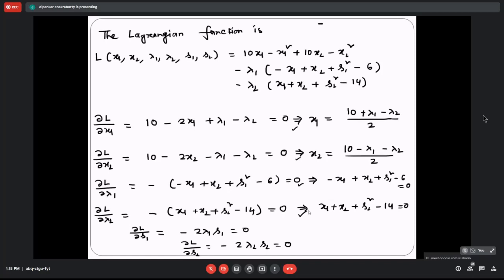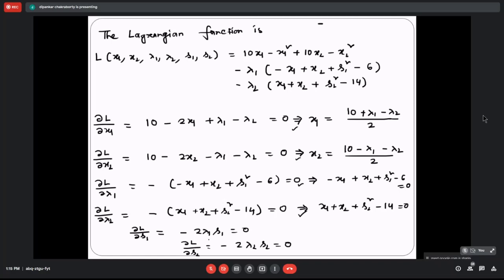And to find those variables, we are going to take the help of the last two relations. Because the last two relations say that lambda 1 s1 equal to 0 and lambda 2 s2 equal to 0. We are going to omit any one variable out of lambda 1, s1 and out of lambda 2, s2. That means as lambda 1 s1 equal to 0 and lambda 2 s2 equal to 0, I can consider lambda 1 0 and lambda 2 0.